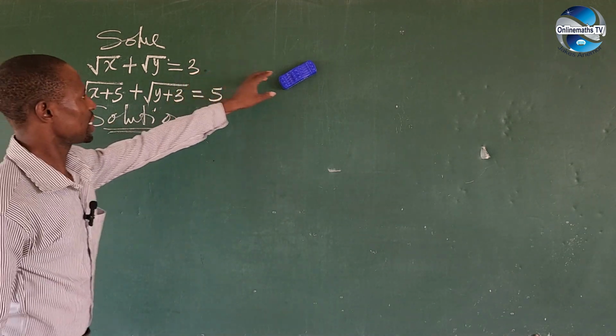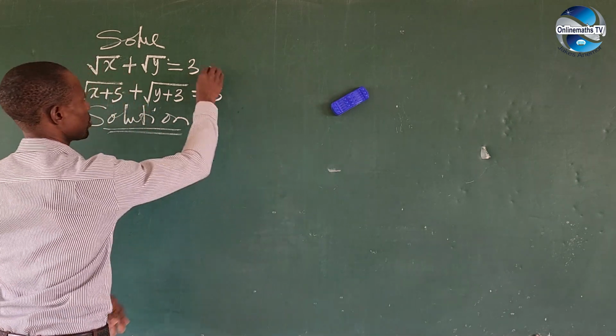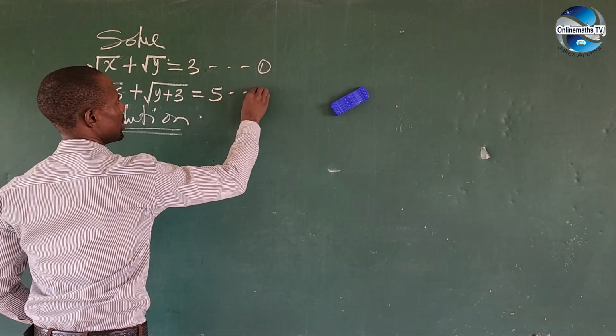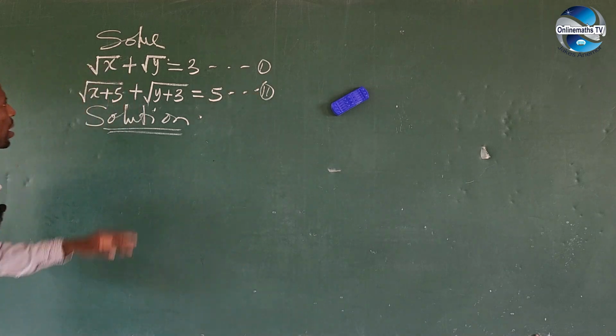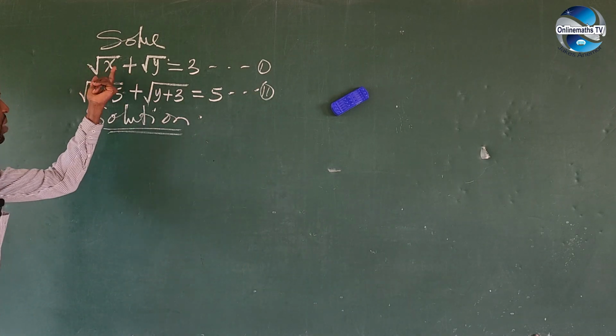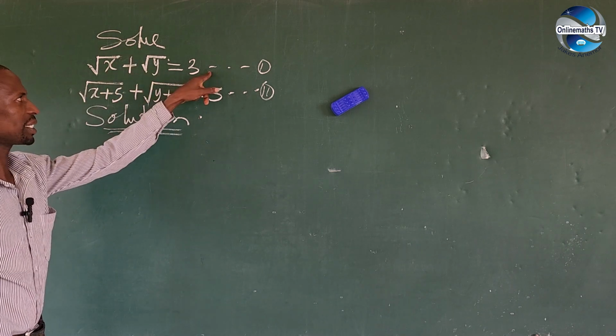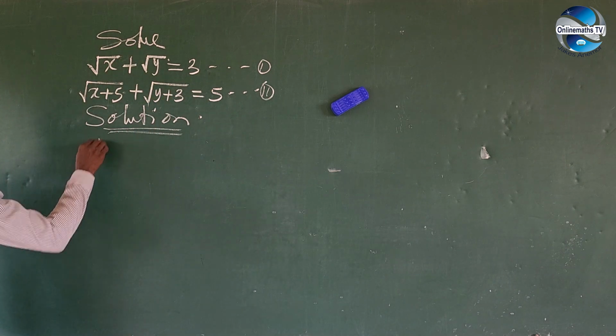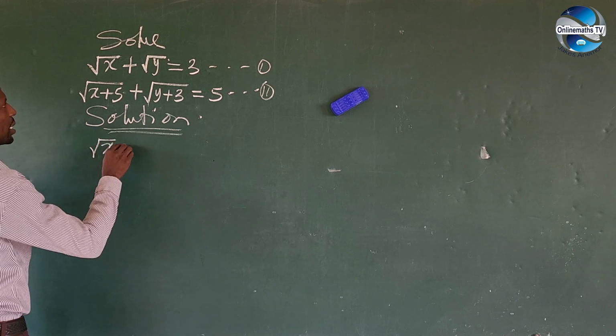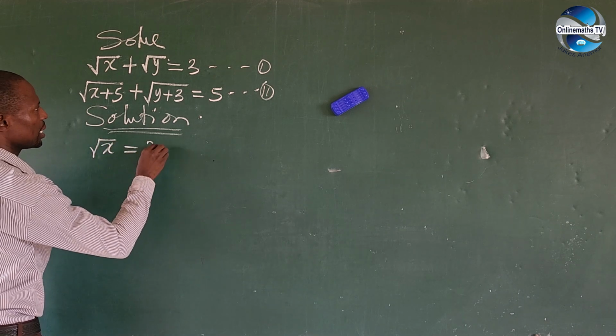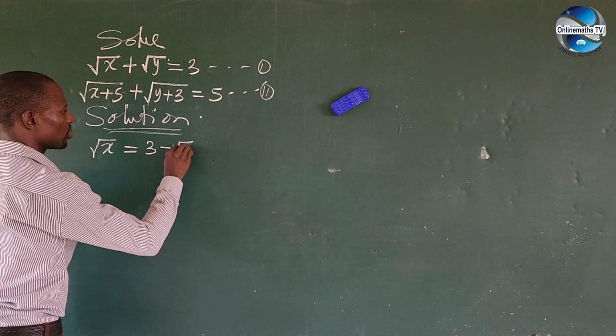Now, we're going to call this equation 1 and this equation 2. From equation 1, I want to make the square root of x the subject by sending the square root of y to this side of the equation. So we have the square root of x is equal to 3 minus the square root of y.